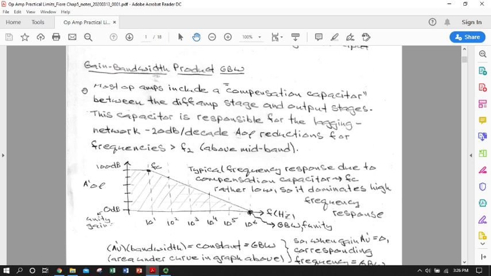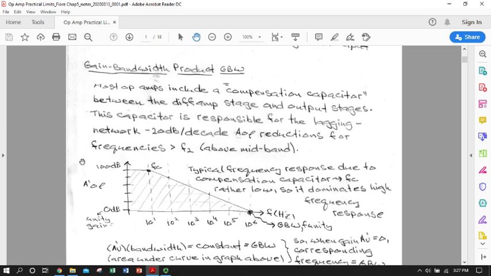And this one capacitor is responsible for the lagging network behavior that we'll always see at high frequencies. We've gone over this a few times and touched on it, but just to reiterate, you can make an op-amp that does not have a roll-off in gain going from the midband down to DC, but it's never possible to make an op-amp that's going to have sort of an infinite midband region going to high frequencies.